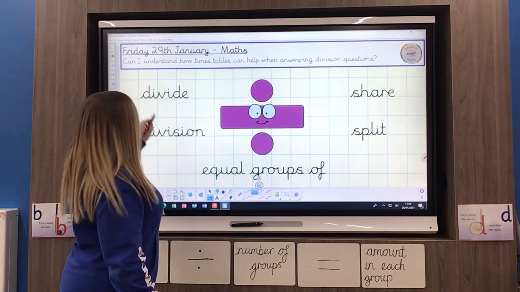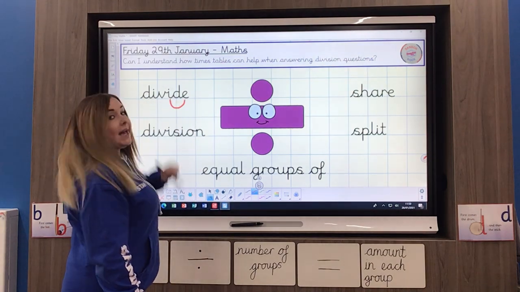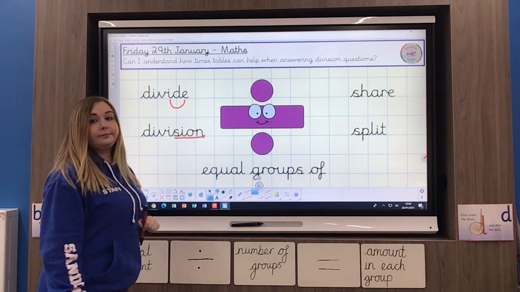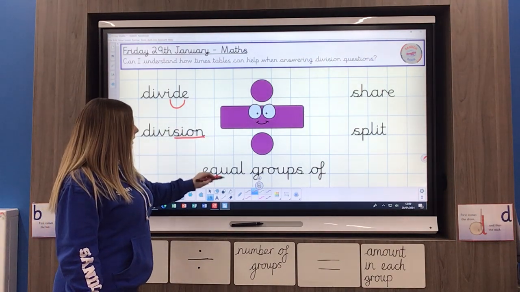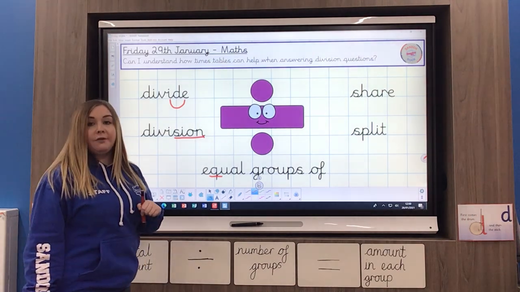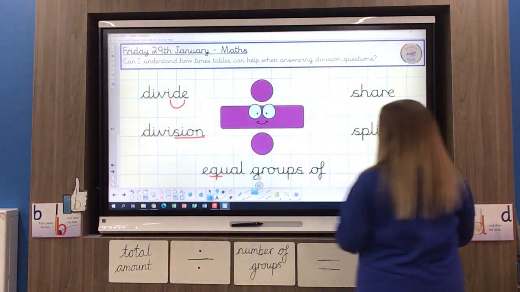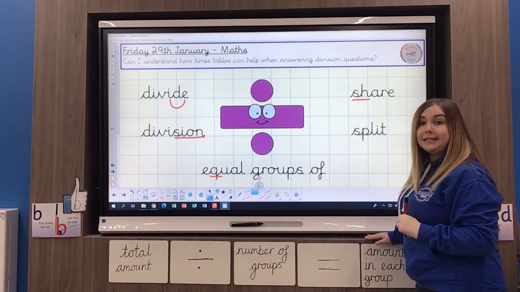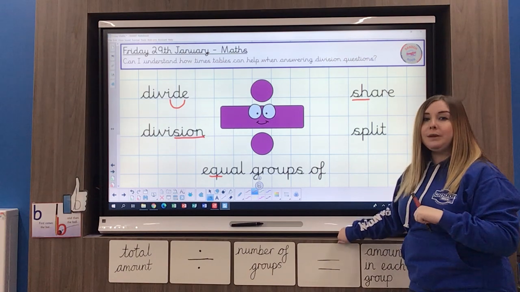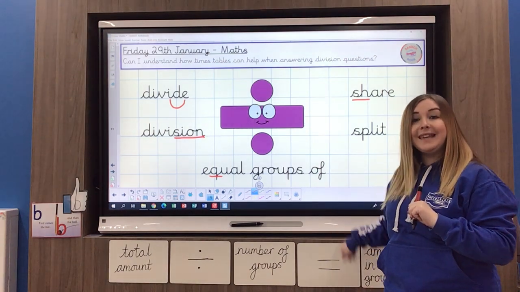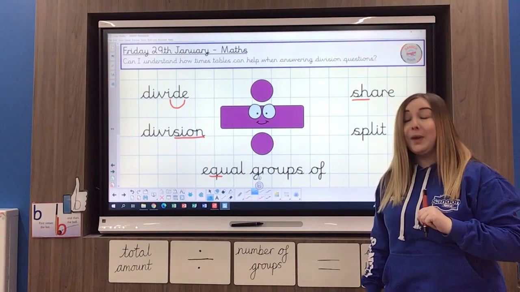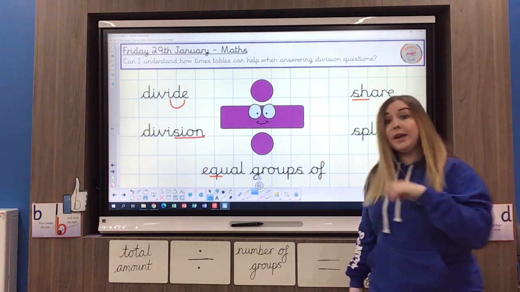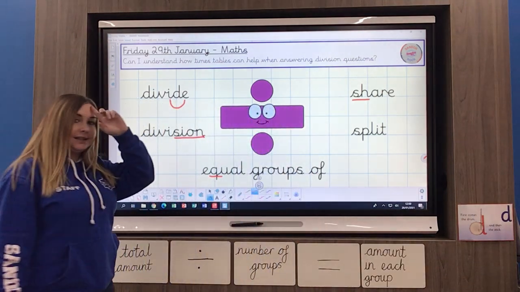So, we've got divide, division, equal groups of, share and split. Can anybody remember which of these words we used yesterday? Okay, so we used sharing, didn't we? Well done.